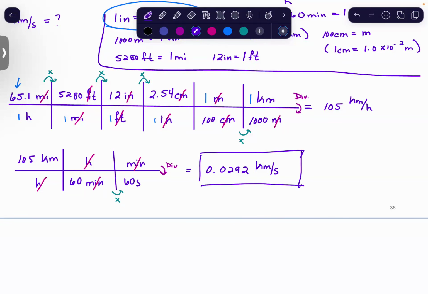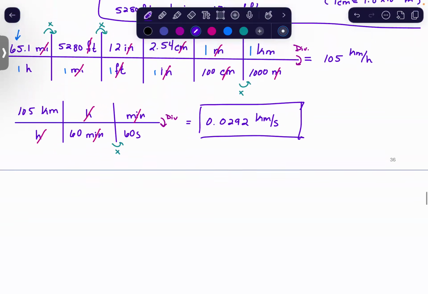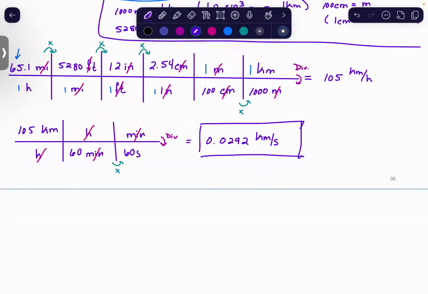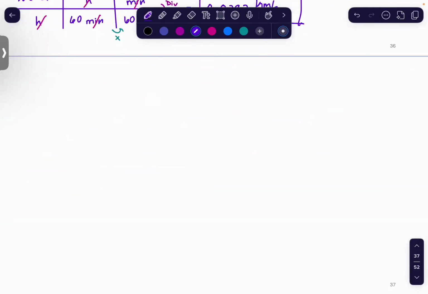Now, I split this up and did each unit separately. You can do that. That's fine. You can also do them all at once. Okay, so let's see if we can just take this and turn it into one big long grid.